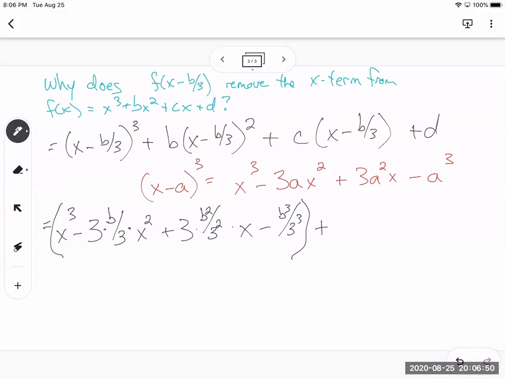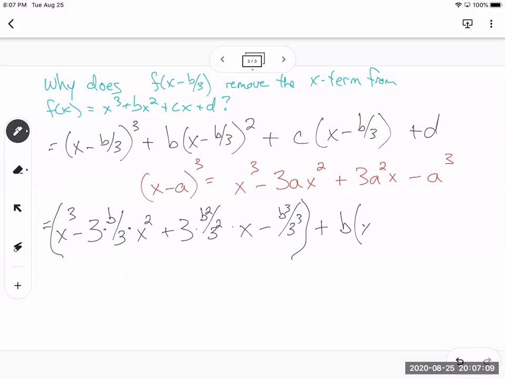Then I have the next term, b times (x minus b over 3) squared. So I'll multiply that out next, relying on what I know about multiplying out a perfect square like that.